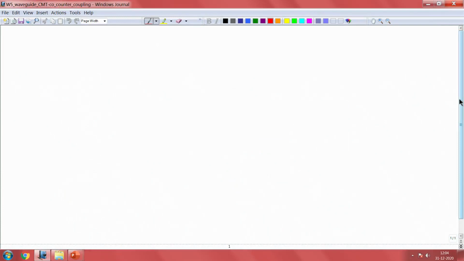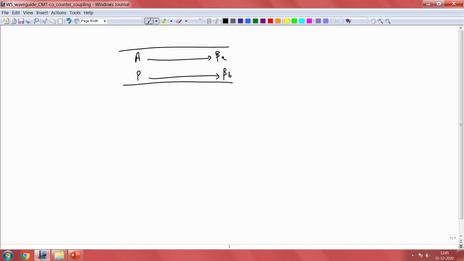There are two scenarios as I mentioned, but let us look at a very simple waveguide system. If I take a very simple waveguide, you would have beta A and then beta B. In such a system, you will not have any coupling at all. These two are eigen solutions, let us say A and B. If they are eigen solutions, you will not be able to couple at all, right.